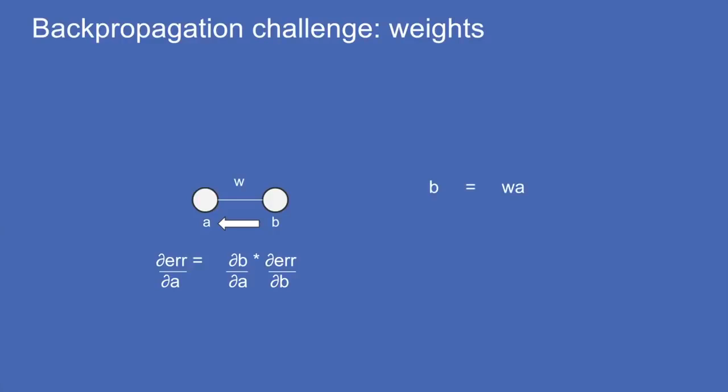To get that, we just write the relationship between B and A, take the derivative of B with respect to A, we get the weight, W, and now we know how to make that step. We know how to do that little nugget of backpropagation.